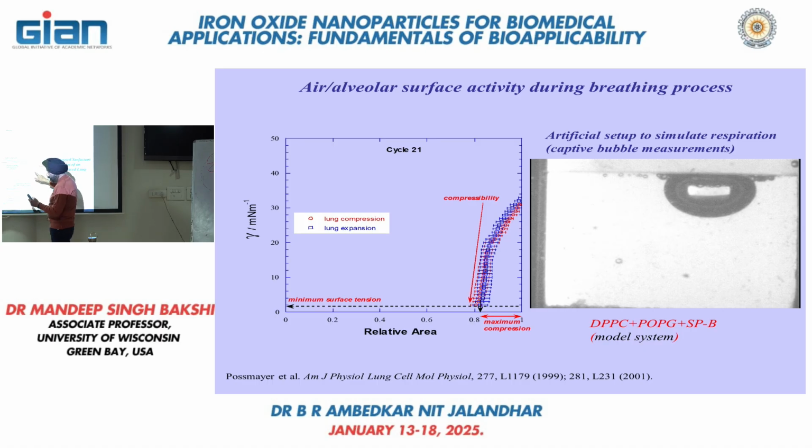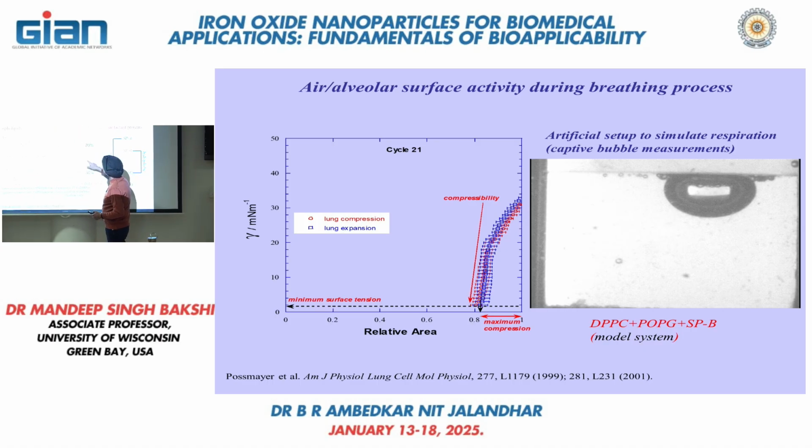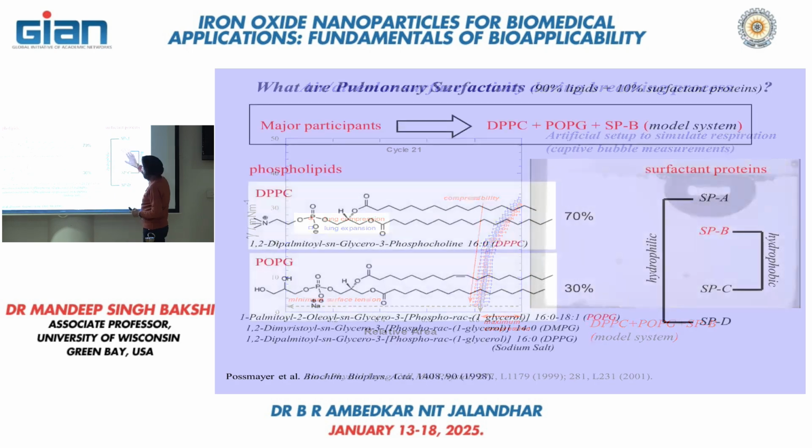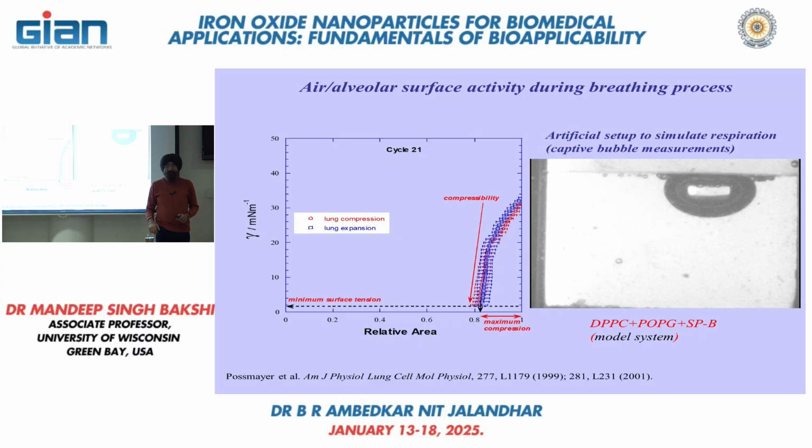So the same composition, DPPC 70% and POPG 30%, we mix these components along with the surfactant proteins and we inject it into the bubble. When we injected it into the bubble, obviously they created the bilayer the way it is over here, this bilayer. Now, we know that when we compress the lung, the surface activity should go to a minimum value.